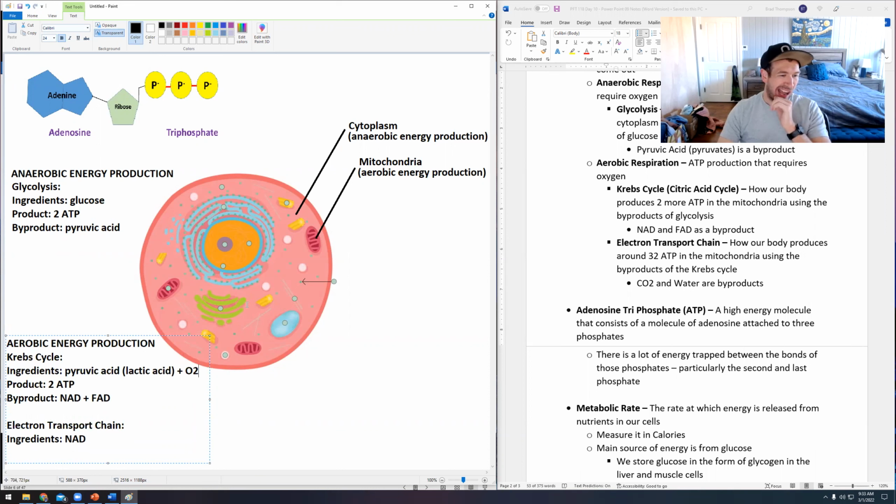We've got our pyruvate plus oxygen, right? Lactic acid plus oxygen. Electron transport chain, the ingredients are going to be NAD, FAD, and oxygen. So we also have O2 there. Our product is going to be 34 ATP molecules about.